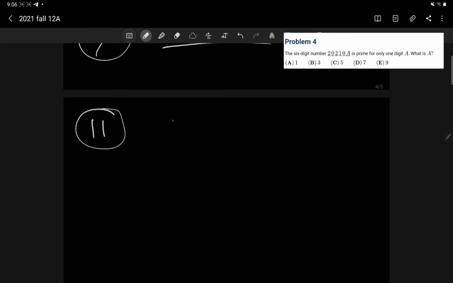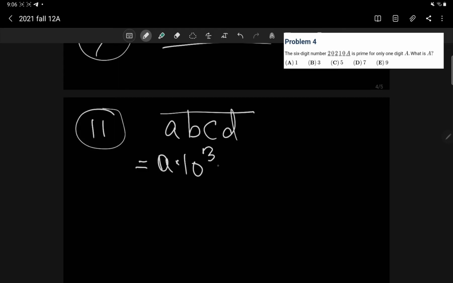Let's see, we have a number abcd with 4 digits. If we represent the number in base 10, it is equal to a multiplied by 10 to the third power plus b multiplied by 10 to the second power plus c times 10 plus d.